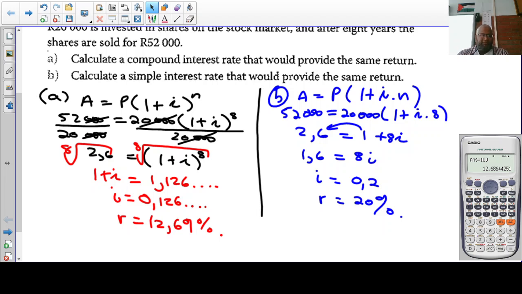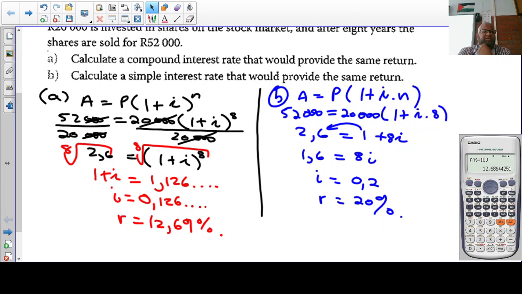There are two types of loan repayments. We are told that these loans on your house are on the reducing balance method. Remember, we spoke about your simple interest, your hire purchase. Did we do a calculation on hire purchase, where you buy your washing machine and stuff like that?